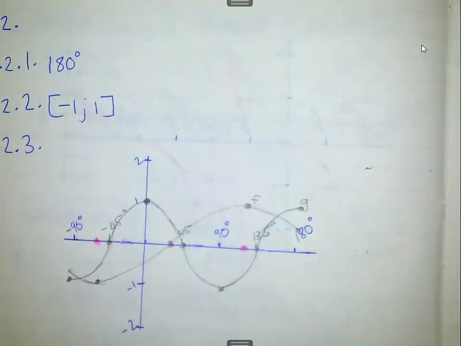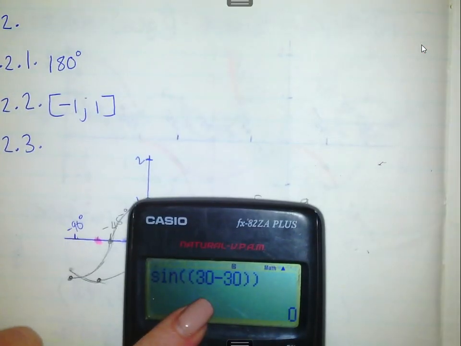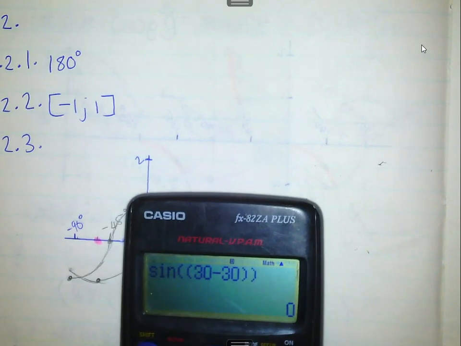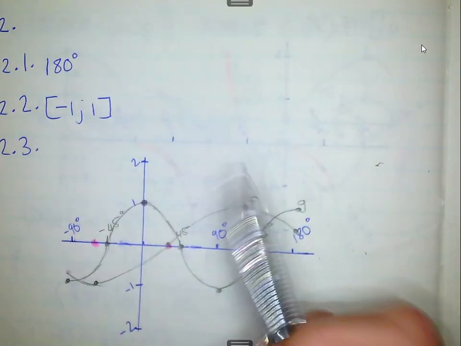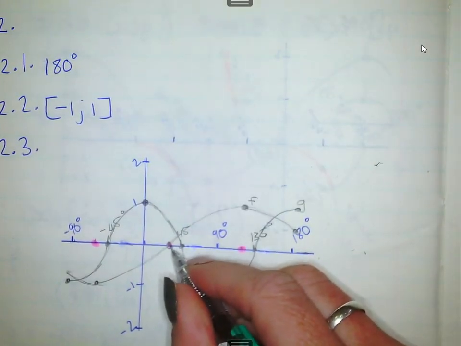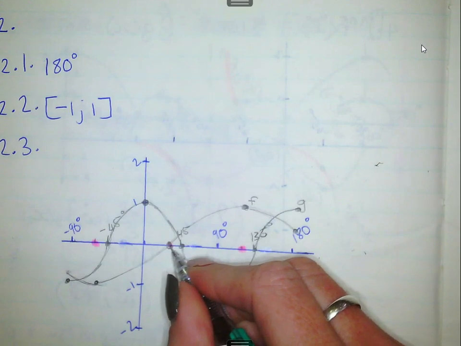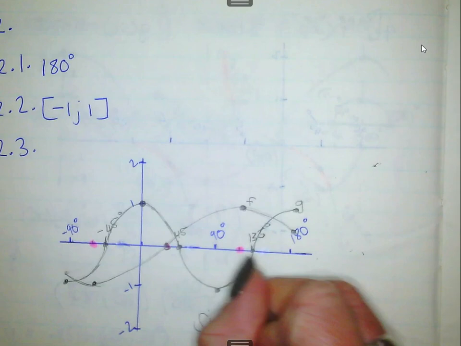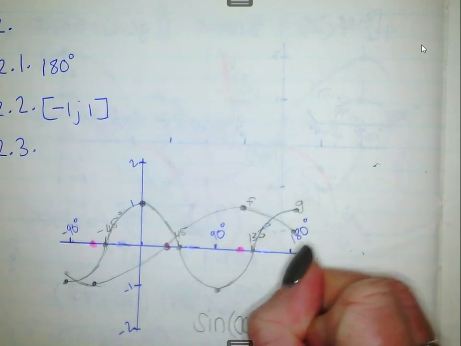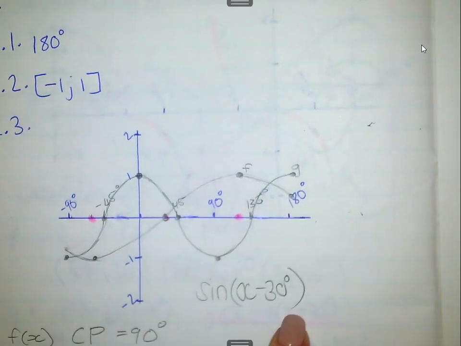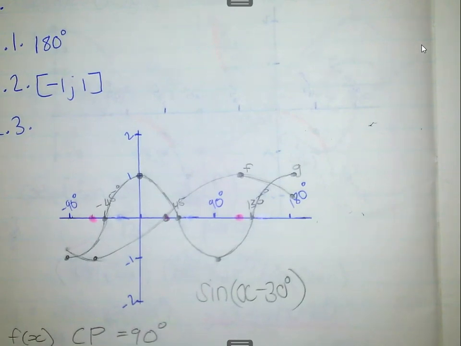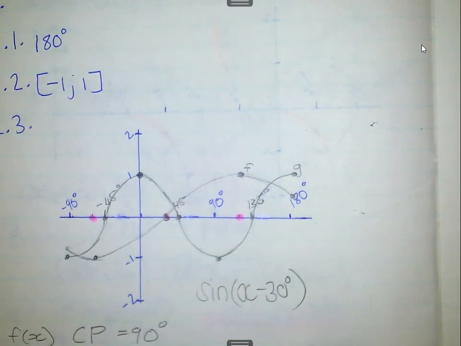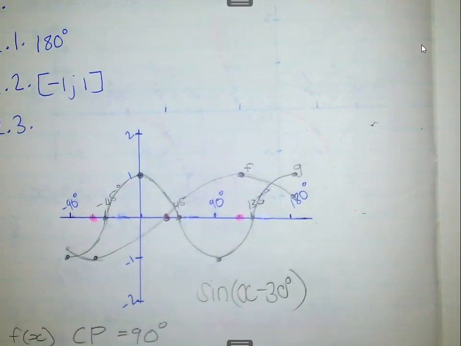But the answer that I get here, 0, mustn't be plotted at 0 and 0. It must be plotted at 30 and 0. Because that's what I substituted in sin x minus 30 degrees. That's the function I'm drawing. I'm not drawing sin x. I'm drawing sin x minus 30. Does that make sense? Okay.